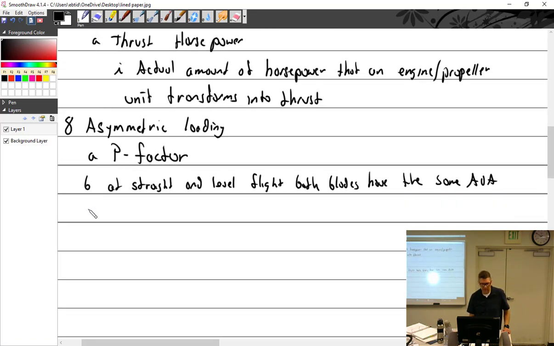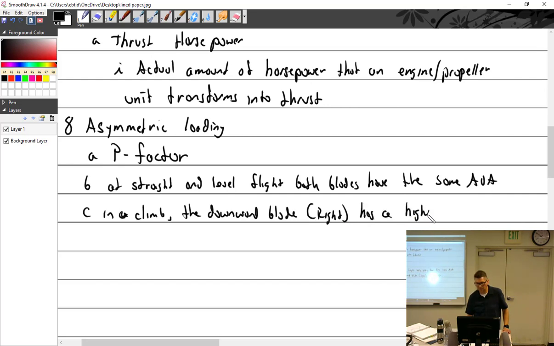In a climb, the downward blade, which is the right side, has a higher angle of attack than the upward. I need to write that. This creates asymmetrical pull.